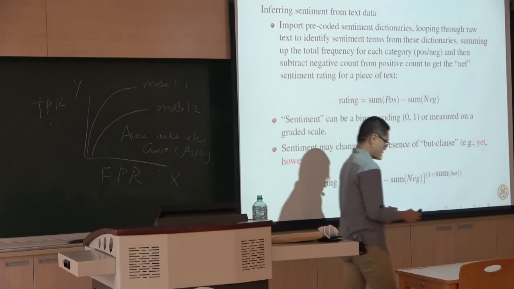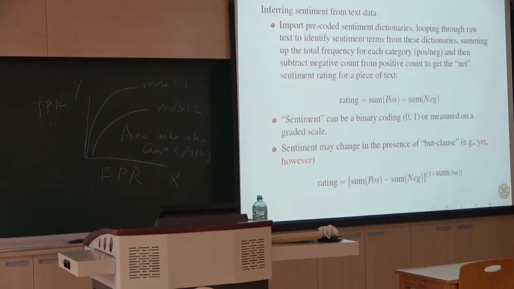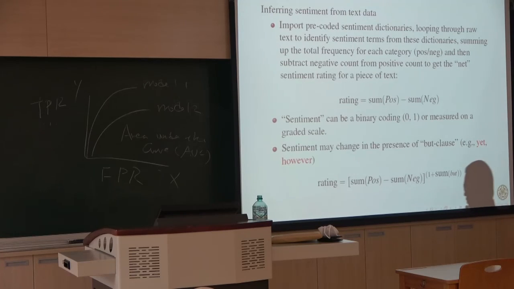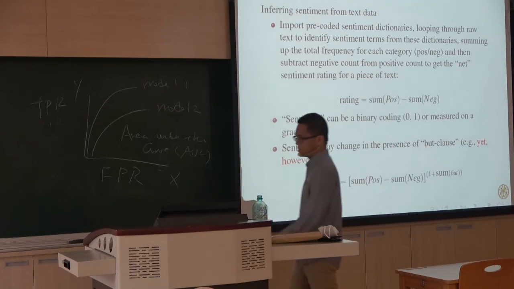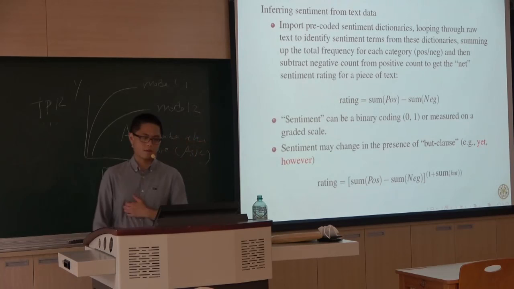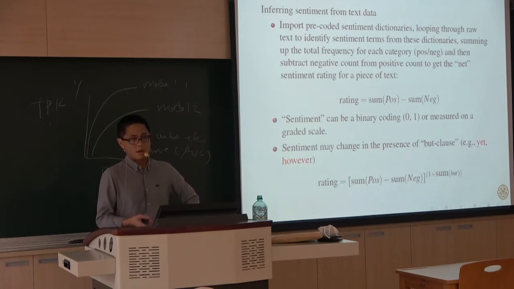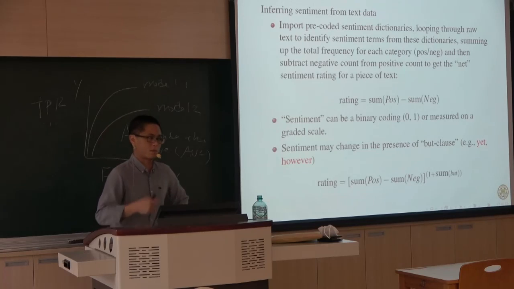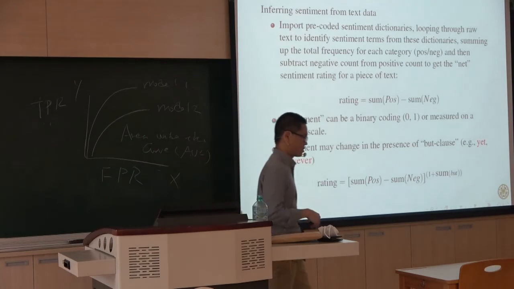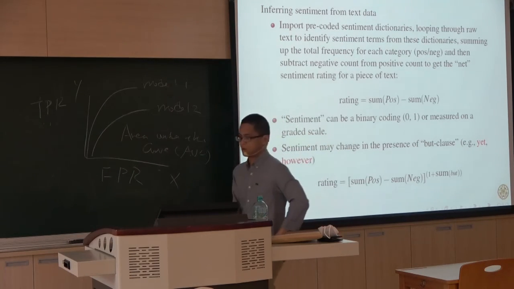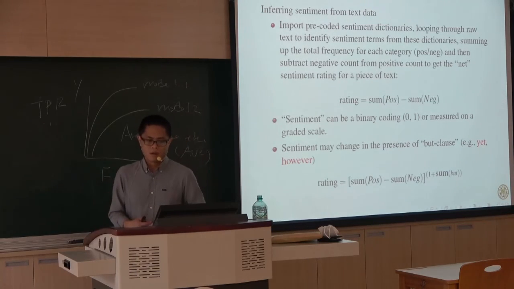Another domain of text mining, and one with much research interest, is sentiment analysis. To do that, we usually import a pre-coded sentiment dictionary. In our working example, I simply use the Bing sentiment dictionary, though you might want to define your own.